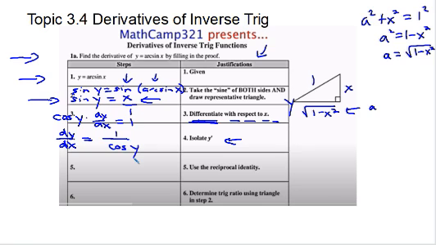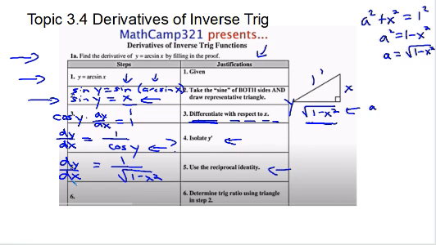And so now we use the identity and we just find out what is the cosine of y. All right, the cosine of y is the adjacent side over the hypotenuse. So that is 1 over the square root of 1 minus x squared, and there is my derivative.